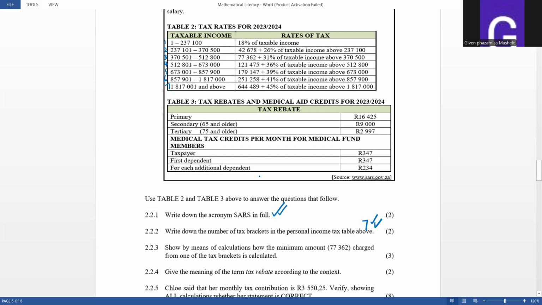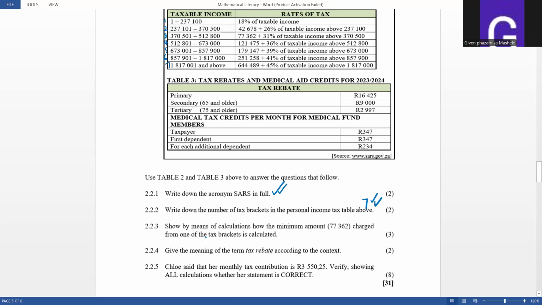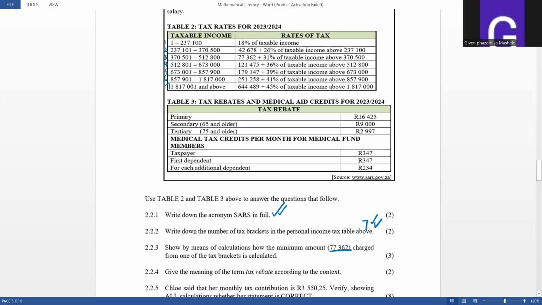Straightforward. Okay, fine. Then now the second one says, show by means of calculation how the minimum amount of 77,362 is charged from one of the tax brackets. Remember, from this, we know the minimum amount is 42,000 plus 26%.